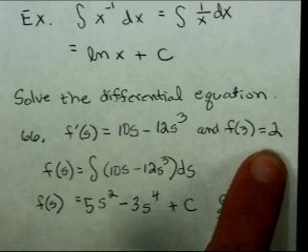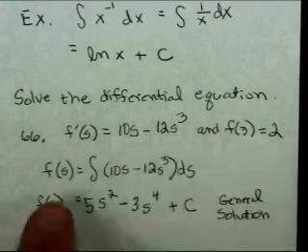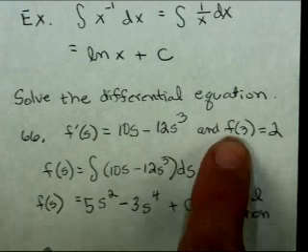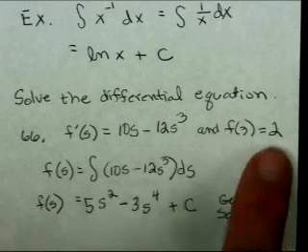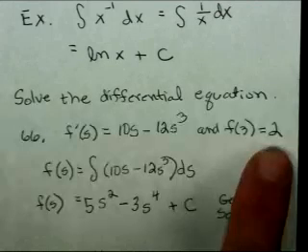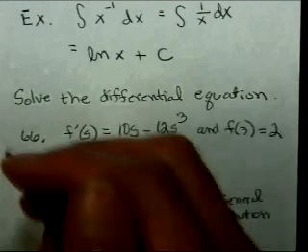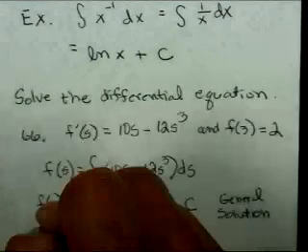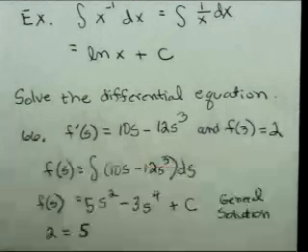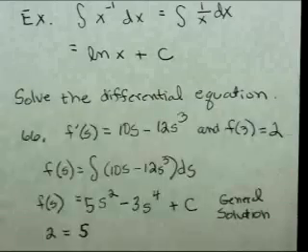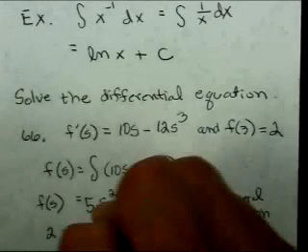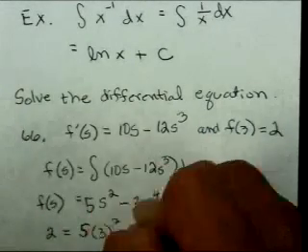If we replace all the s's with 3, then the value of that function is 2. In other words, we can put 2 in the place of f of s, and 3 in place of all the s's, and solve for that constant.